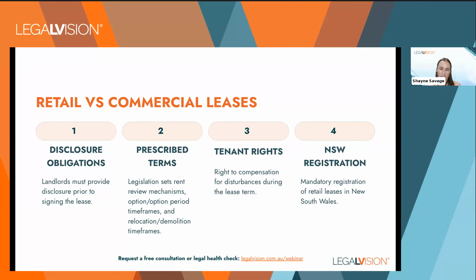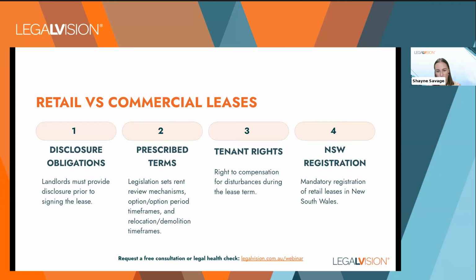The retail legislations also prescribe some other items as well that we'll discuss. And going back to how the spirit of the act is to protect small business owners, this is really where it's essential to understand whether there are items that should be included in a lease from a landlord perspective, whether it must be included or must not be included, because there are items that need to be prohibited and not included in lease documents.